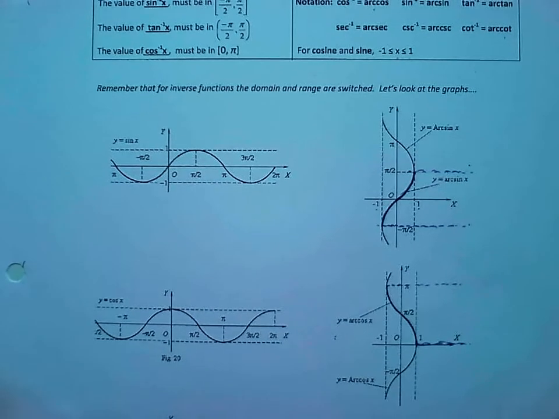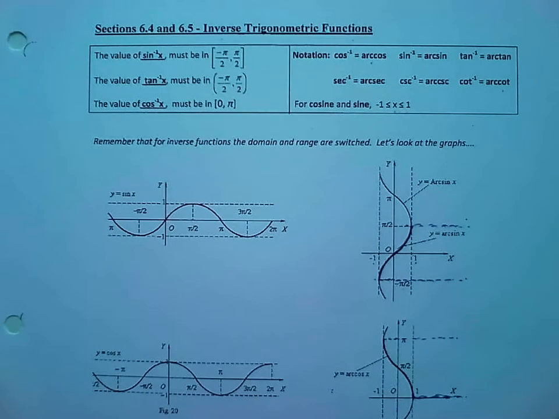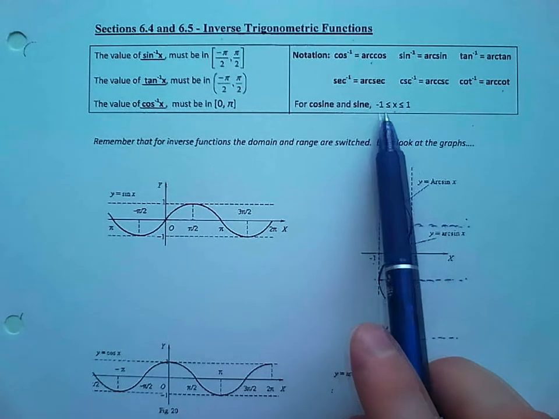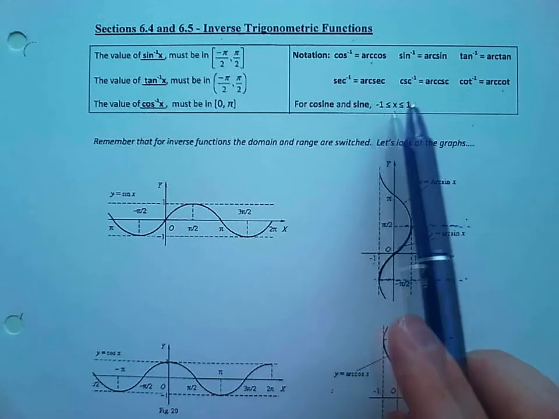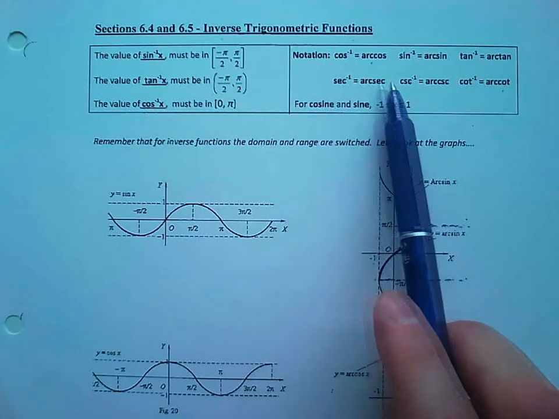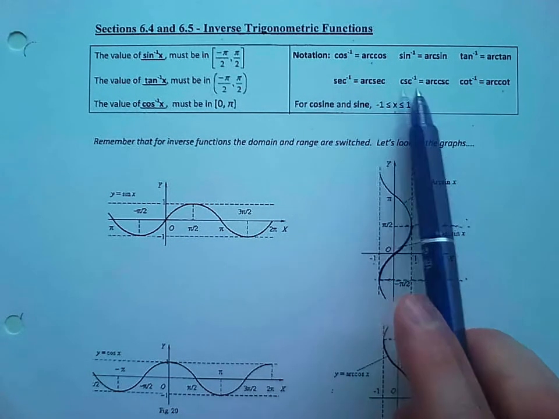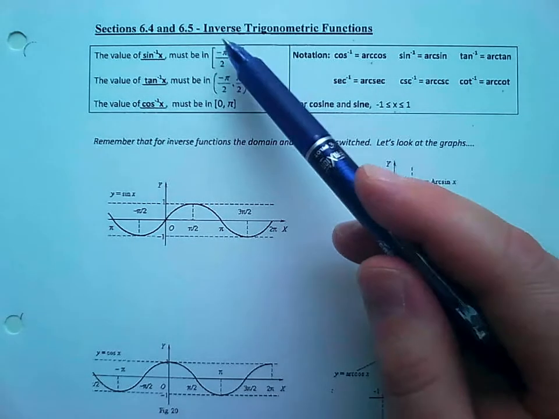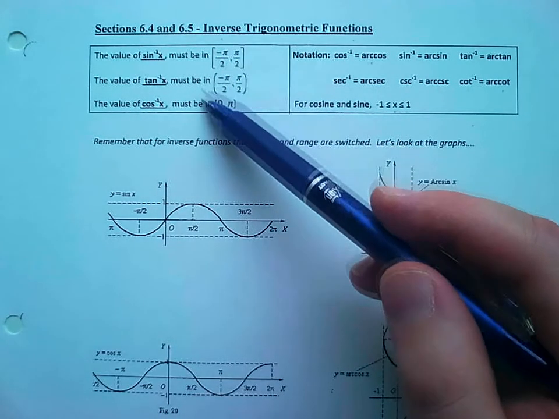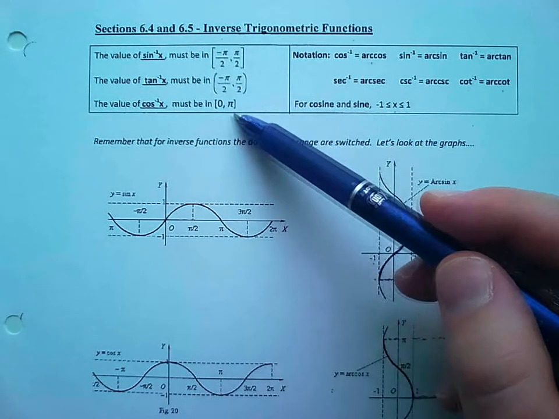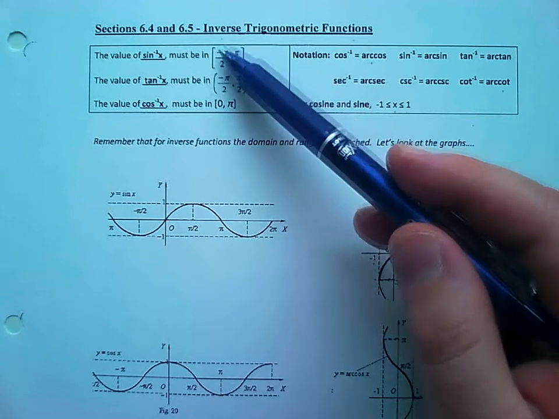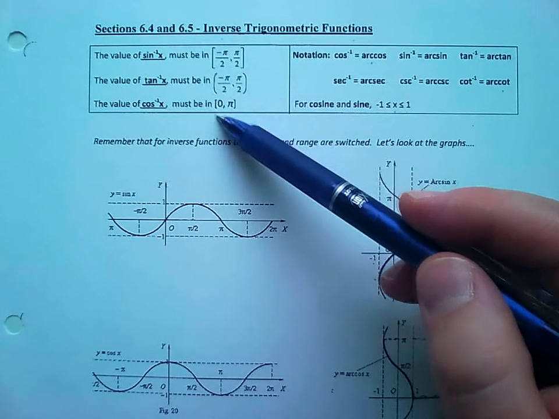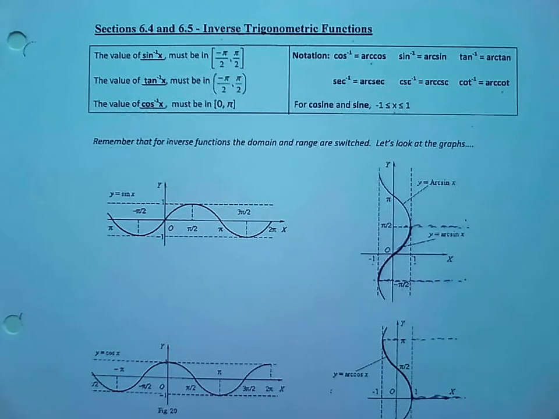Alright, so here's a little bit of an overview about what these graphs look like, what values we can plug in for x, a different notation for these inverse trigonometric functions, and also the values that these inverse trig functions have to stick between in order for these inverse trig functions to in fact be functions.